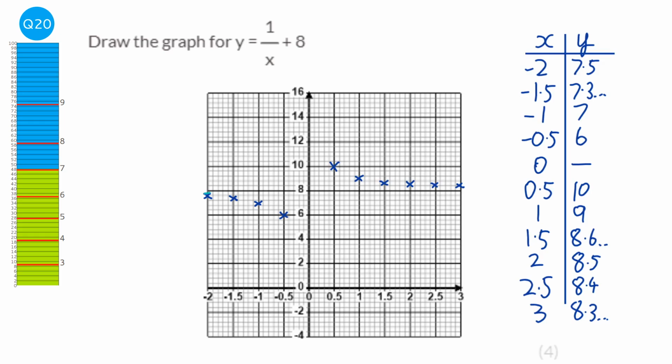I can't actually turn this sideways, so we're going to try our best to connect these up. And I've got kind of a weird hand angle going on. So this is going to go towards negative infinity. This side, you can see it's going down there. And you can see this side here, on the right hand side, is going towards positive infinity.